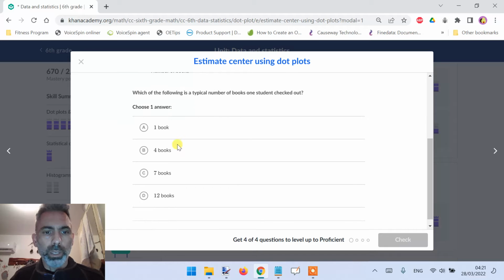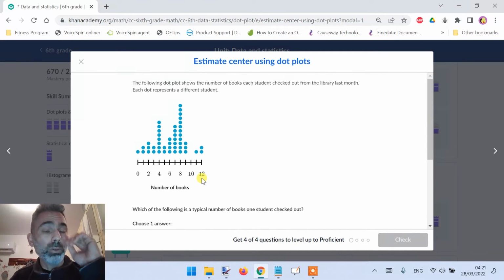So if I examine these options without calculating the median, without actually calculating how many students are represented here, I can see that the bulk of the dots are here, and there is a very prominent column of 8 here.